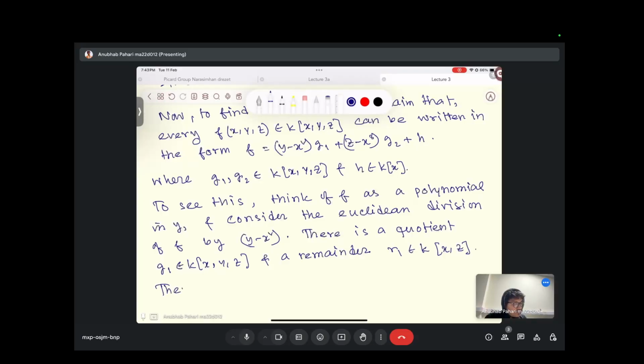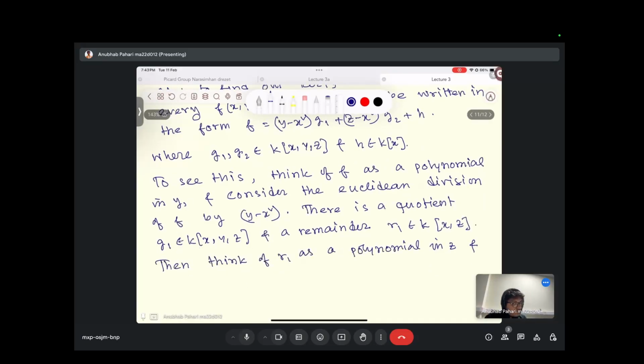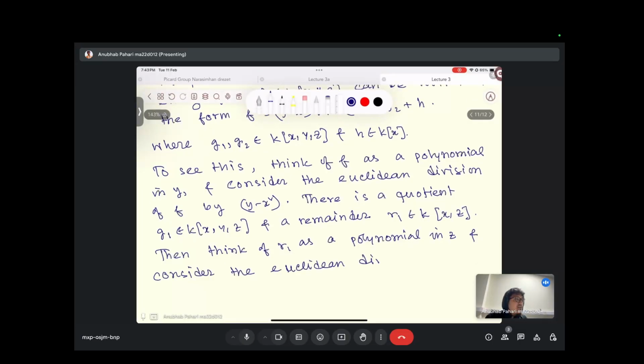Then again think of r1 as a polynomial in z and consider the Euclidean division of r1 by z minus x^3.